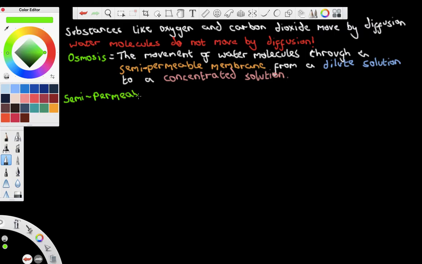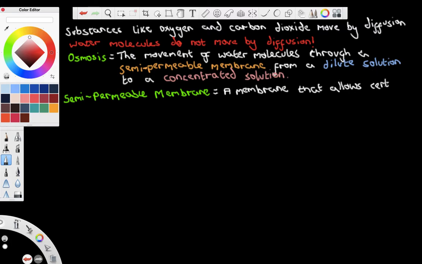Now, a semi-permeable membrane can be defined as a membrane that allows certain substances to cross it, but not others.